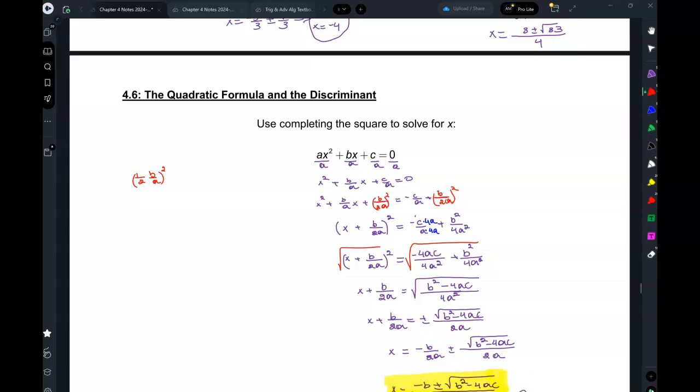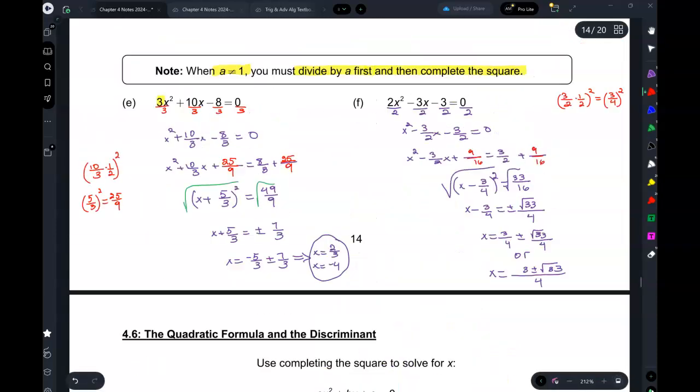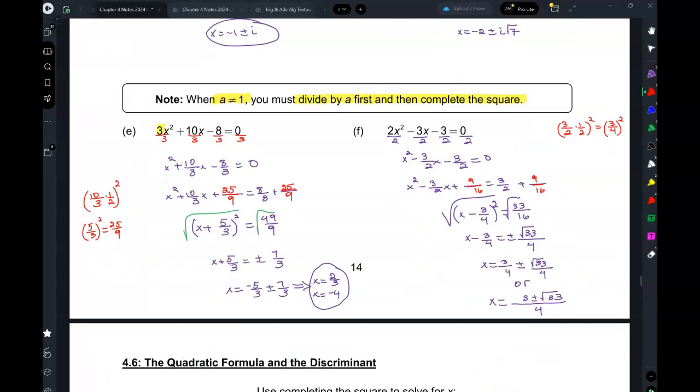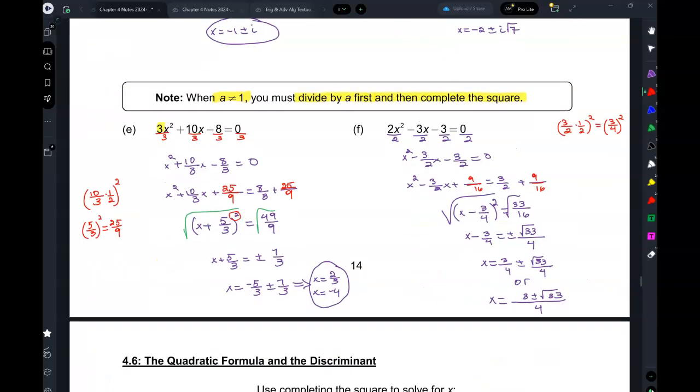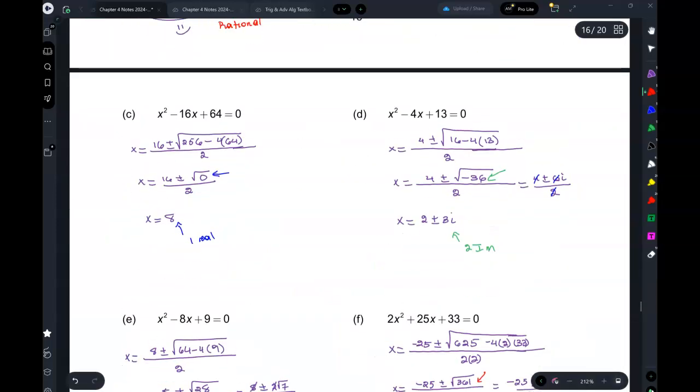Remember, it came from completing the square. And remember here, it was because we had a square, and what did we do? We took a square root of both sides. So that always comes from taking a square root of both sides, and when we take a square root of both sides, you always have plus or minus. So those complex roots come from the square root of both sides, plus or minus.